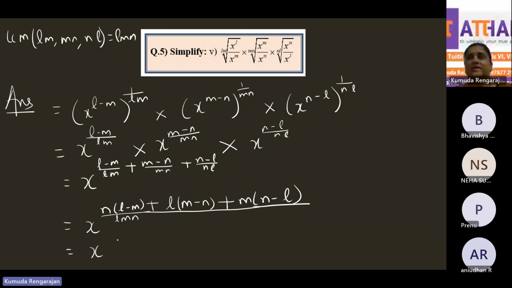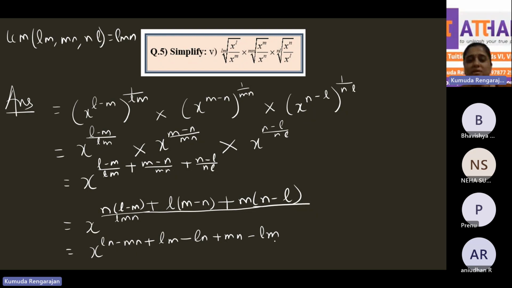We'll write in the alphabetical order. So L comes first, right? So LN minus MN plus LM minus LN, MN minus LM.